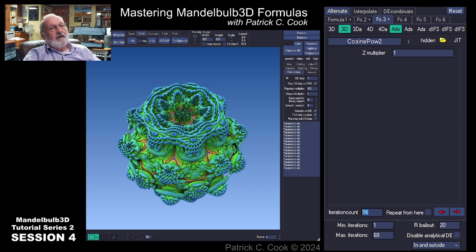Are you good so far? Simple, right? It's really not difficult at all. Once you understand what the process is of executing these formulas, these controls are pretty straightforward.